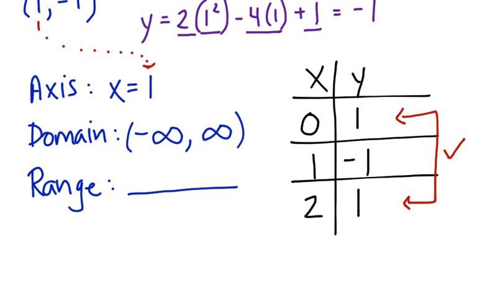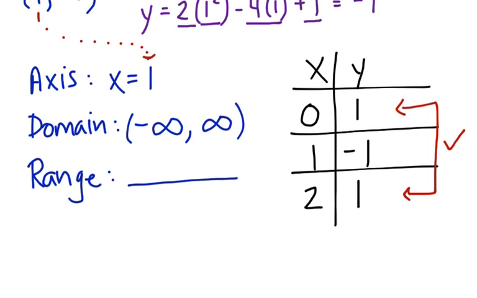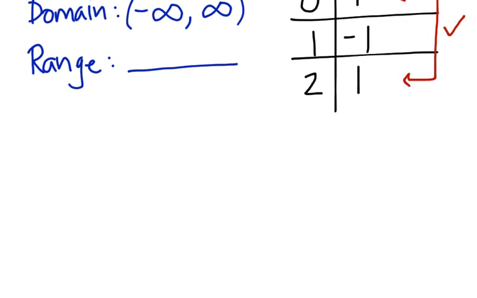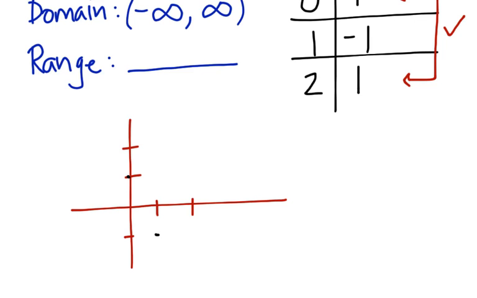So let's plot those 3 points, then we'll come back to our range. So 0, 1, 1, negative 1, 2, 1.